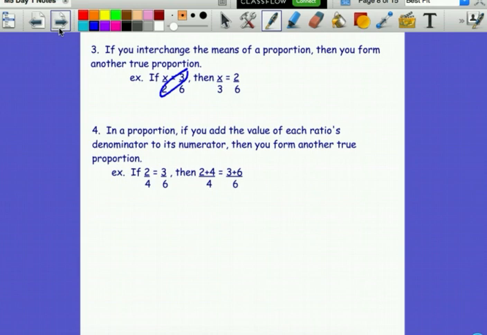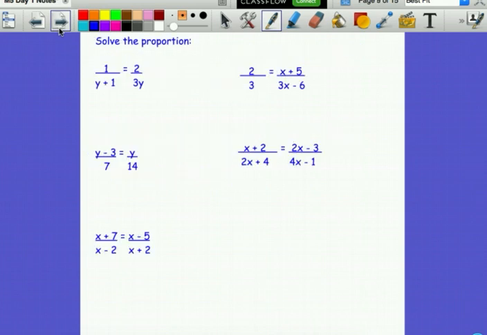And if you add the value of each ratio's denominator to the numerator, then you form another true proportion. Basically what you're doing there is adding 1, because if you add that denominator, you're taking that fraction to 1 plus that fraction, instead of just that fraction.